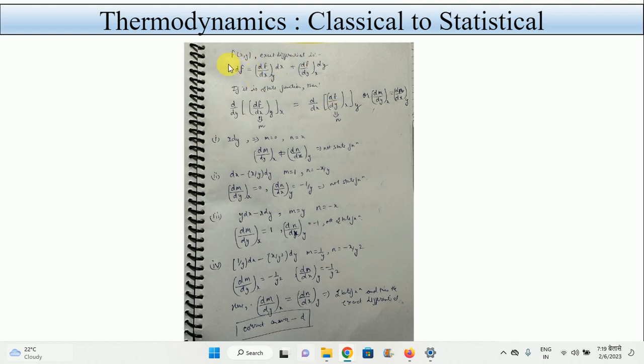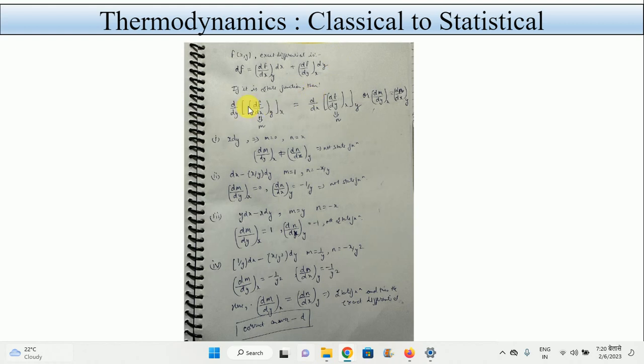If we consider df by dx as m and df by dy as n, and differentiate m with respect to y and n with respect to x and equate them, if both of them come out the same, then it is a state function, and otherwise it is not. Or you may call it an exact differential as well if they are equal.